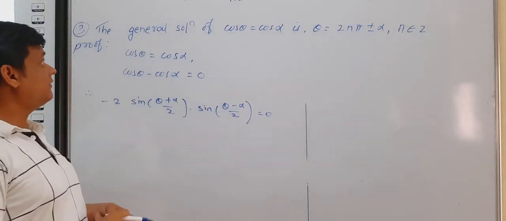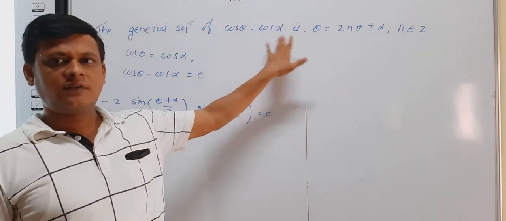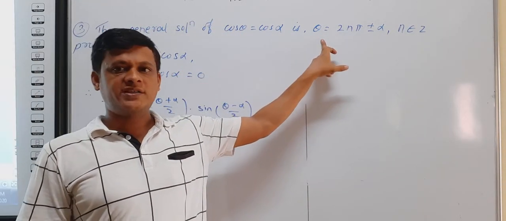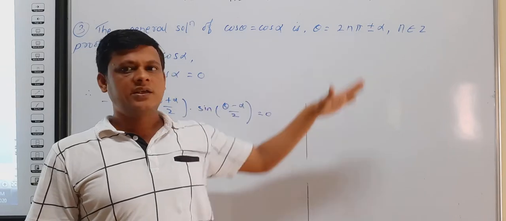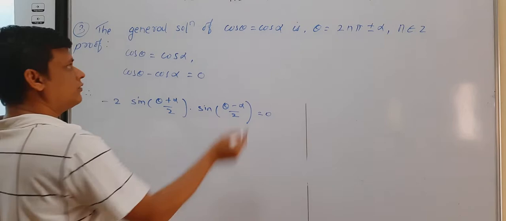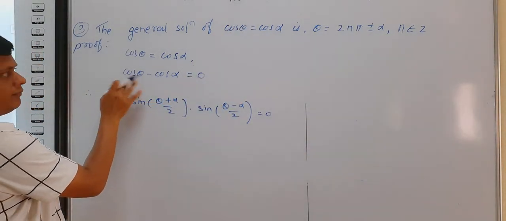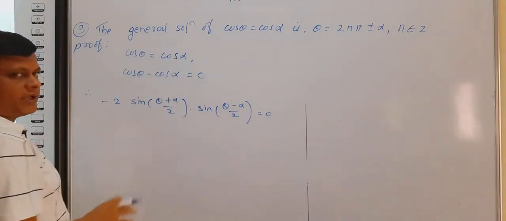See the third theorem. The general solution of cos theta equals cos alpha is theta equals twice n pi plus or minus alpha, n belongs to z. So while writing its proof, we write this as cos theta minus cos alpha equals 0.